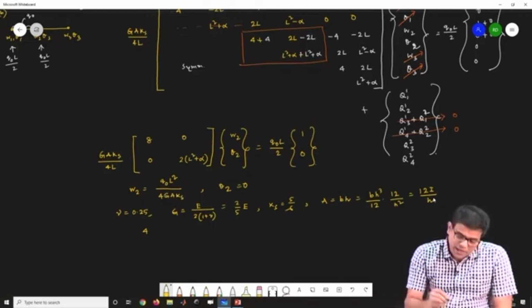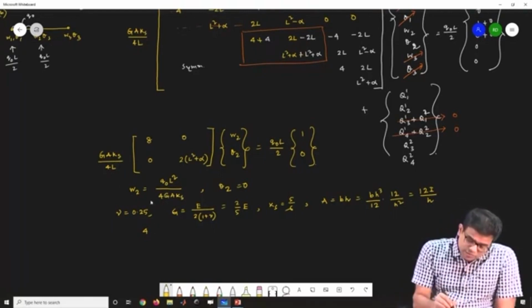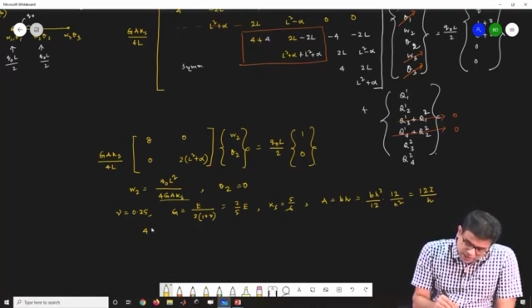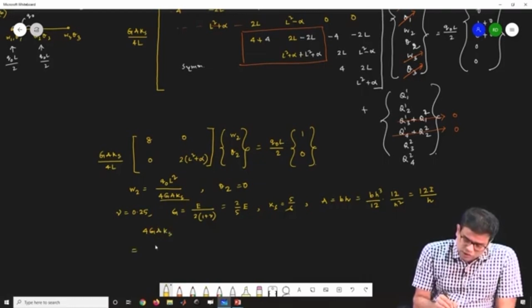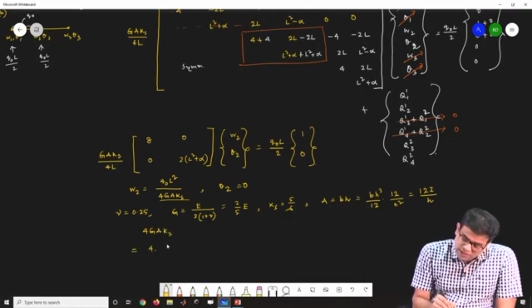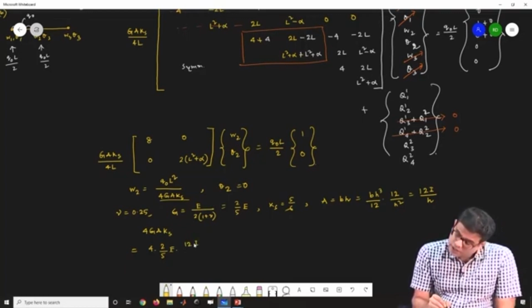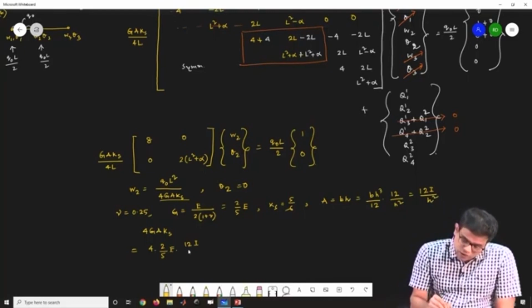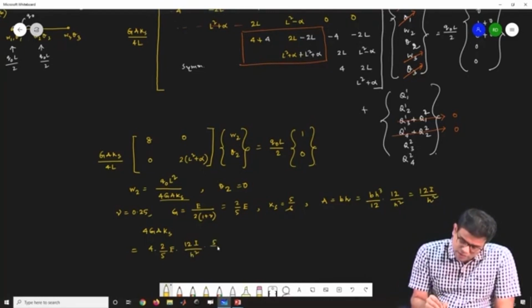So, 12I by H. Now, this term, that is 4GA kappa S, equals 4G, which is 2 by 5 E, and then A is, sorry, this is H square, 12I by H square, and then kappa S is 5 by 6.